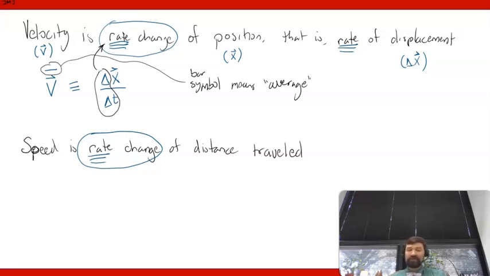So pressure, for example, is a type of average. It's the average force per unit area. Average velocity is a type of average. It's how much displacement has occurred per unit time.